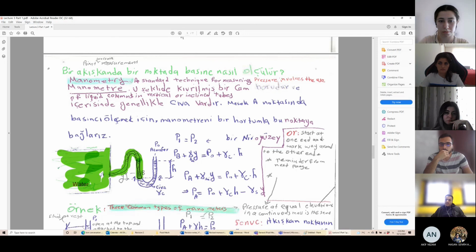From calculations, if I know the depth of water, I can say that pressure equals gamma of water times H. But let's see how we measure it using a manometer.